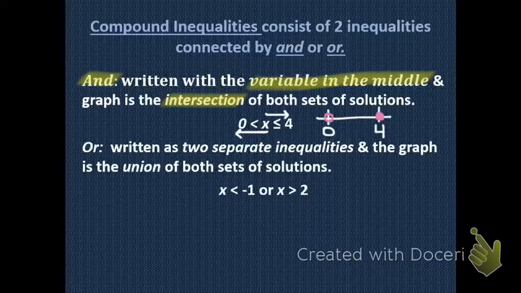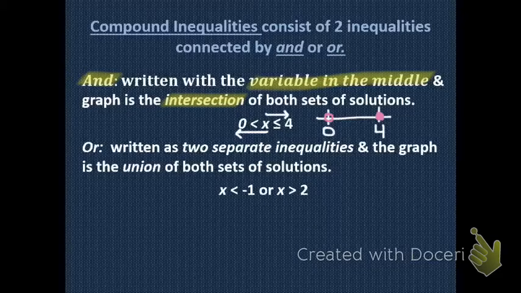Now, you've got to be careful. Like I said, if you don't read these right, you will not graph them right. The arrow from 0 should be going in what direction for this problem? To the right, because x is greater than 0. So remember last week we talked about how the symbol, whatever direction the symbol points, is the direction the arrow should point. That goes out the window for compound inequalities with and.